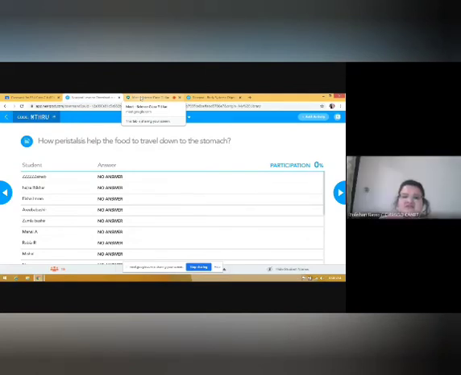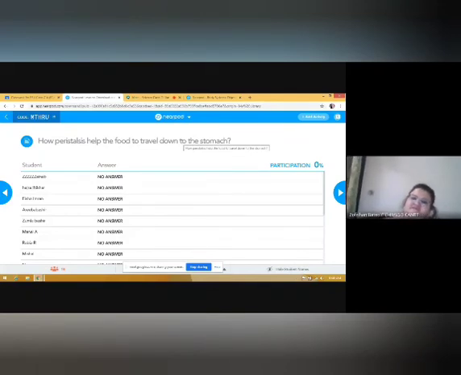Basically, you are supposed to answer this question by defining this movement, peristalsis. When you will define it, it will definitely tell that how it travels down to the stomach.